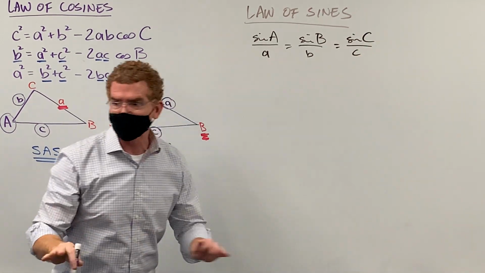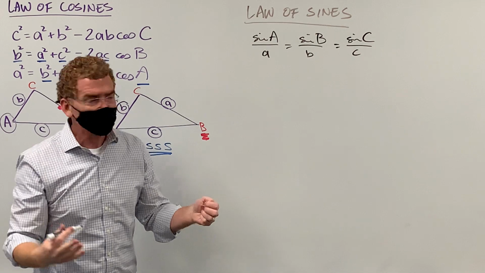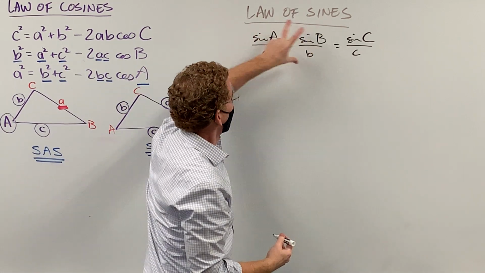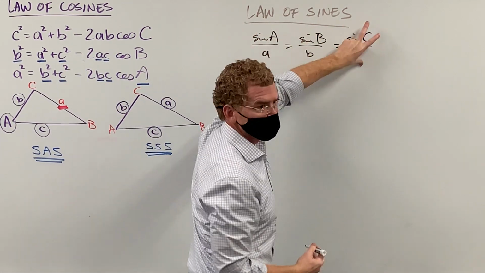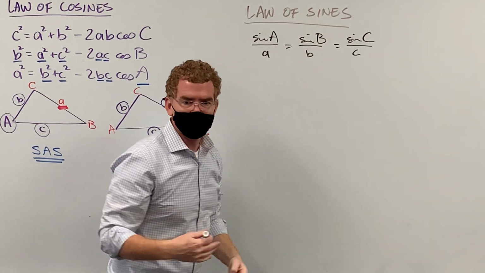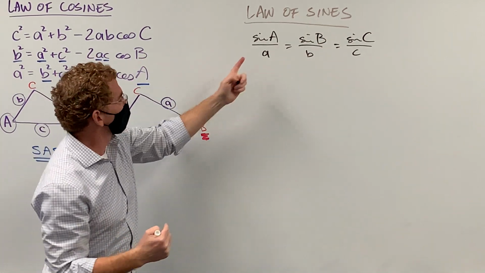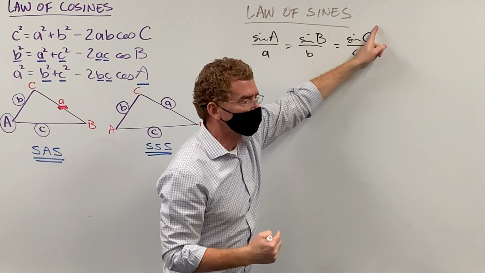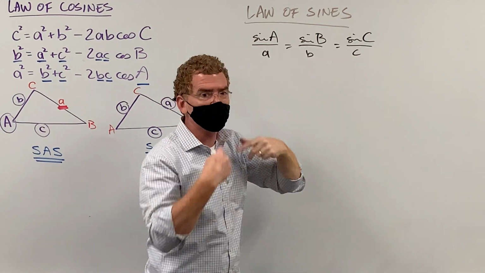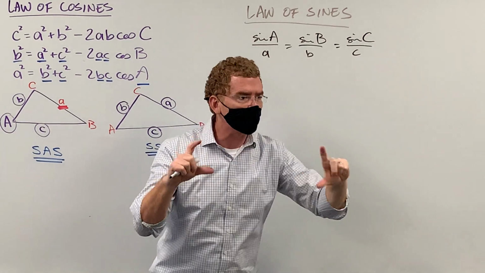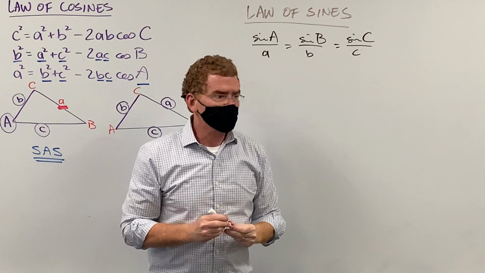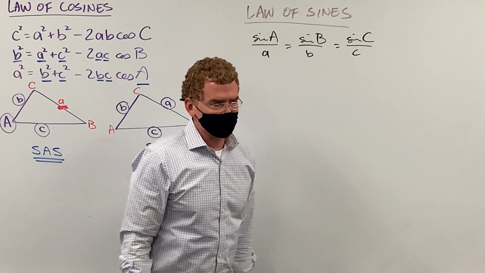You're not going to ever use all 3, right? You're going to use this and this, or this and this. But it's a ratio, and it says the ratio of the sine of the angles over their corresponding or opposite sides are always equal. And there's a proof to that that's not that big of a deal.